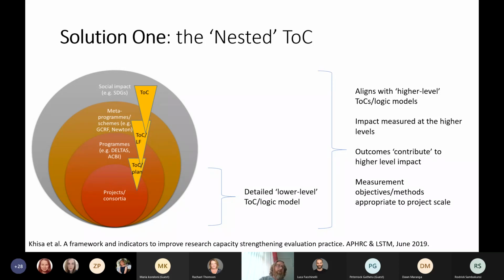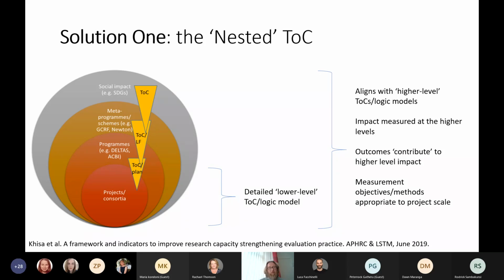You can set your goals quite modestly, but you allude to the intermediate pathway between your project and that social impact that you hope to achieve.